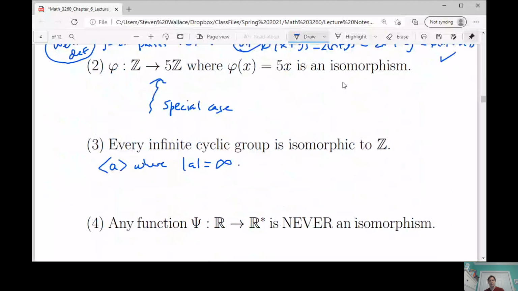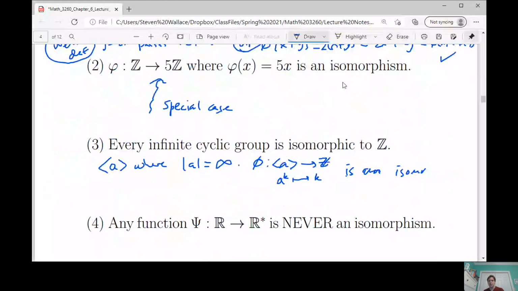okay, then we take a mapping that goes from the group generated by A to Z by doing A to the K maps to K. All right, and this will be an isomorphism. I don't know how to write today.